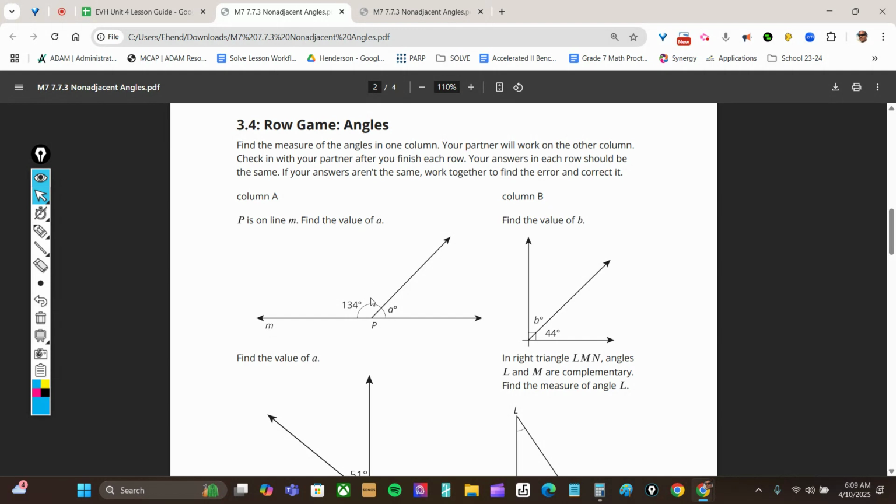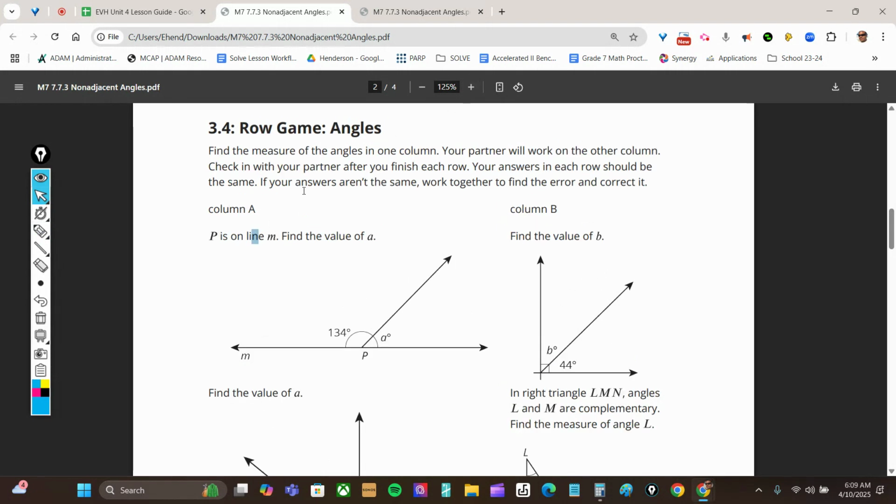Alright, so go ahead. It says find here. Let me zoom this up. Find the measures of the angles in one column and your partner will work on the other column. So you can work together to find all the missing angles.